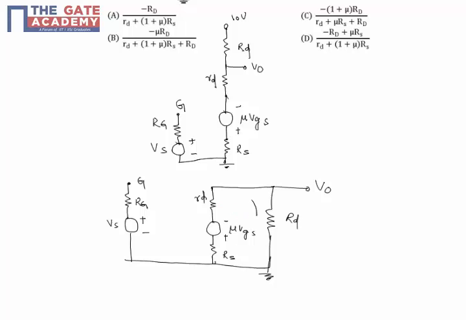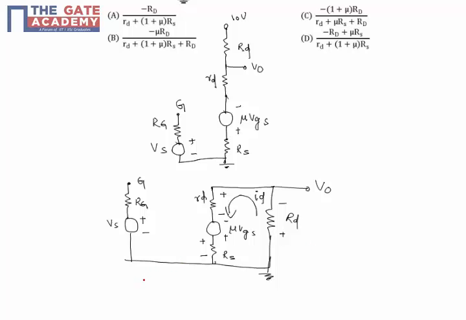Now you just apply KVL here. I will consider this as a current ID because it is flowing through the drain. Since the current is flowing like this, this is a drop, this is a drop, and this is a drop.